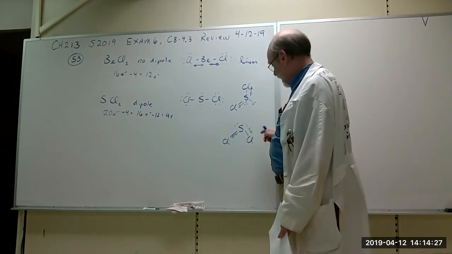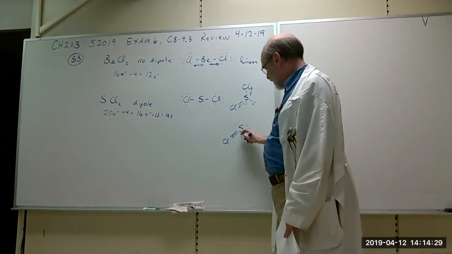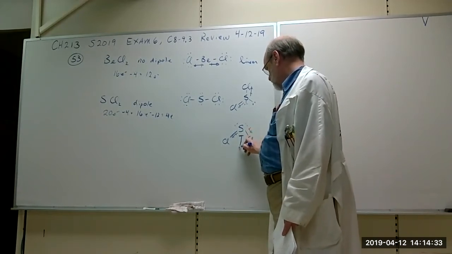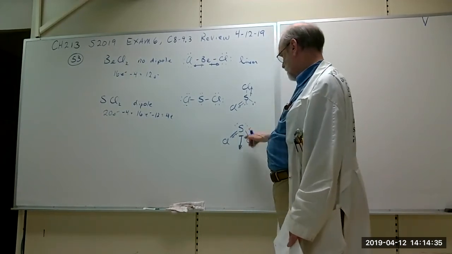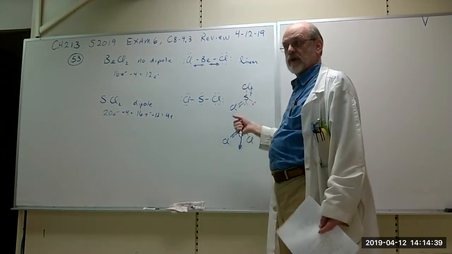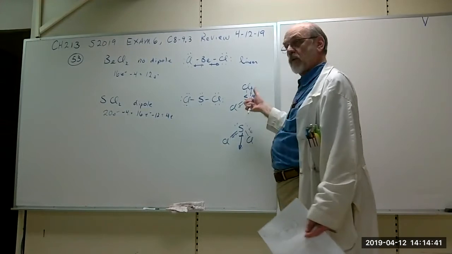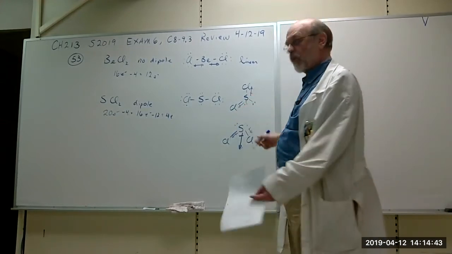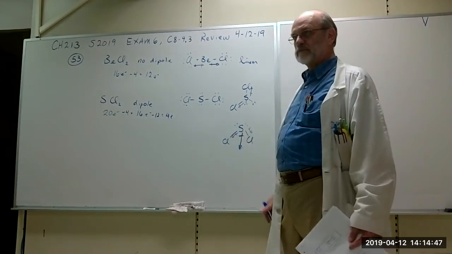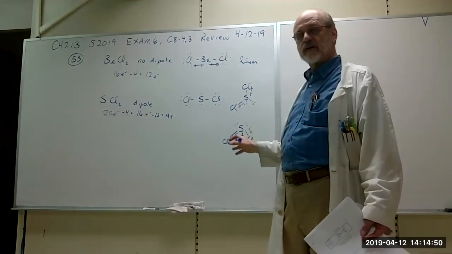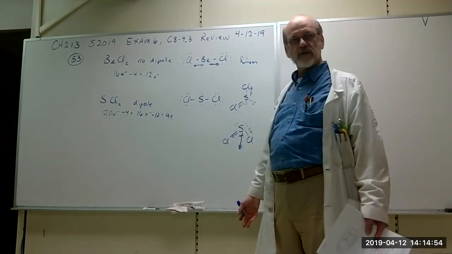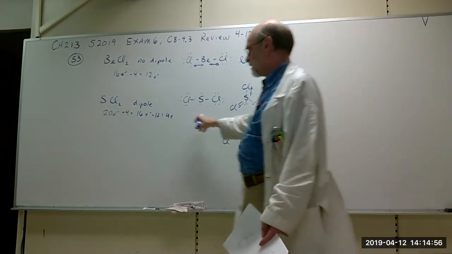The idea is that these 2 add up to something here, and the question is, is this dipole enough to overcome those 2 lone pairs on that end? Probably not. It's probably negative that way. But the point is, the vector sum gives it a dipole. Right? It's not linear, it's not regular shape. The dipoles cannot cancel each other out. That's why this one has a dipole.